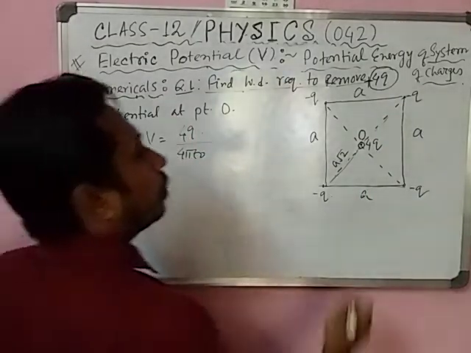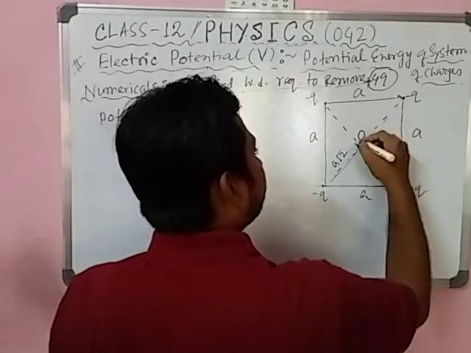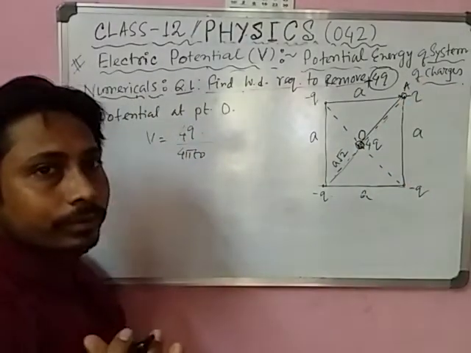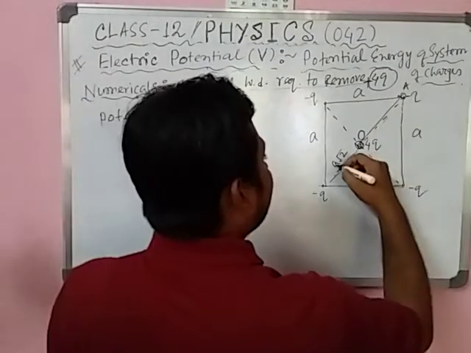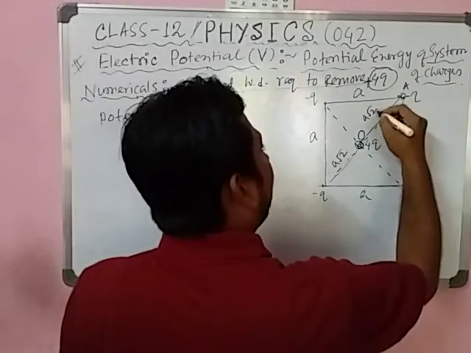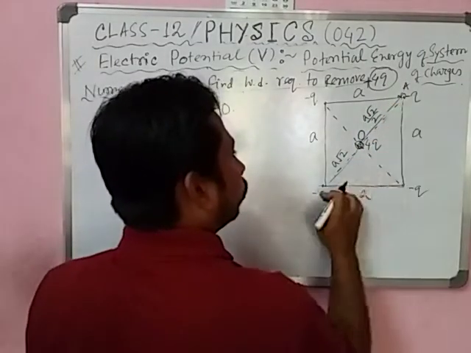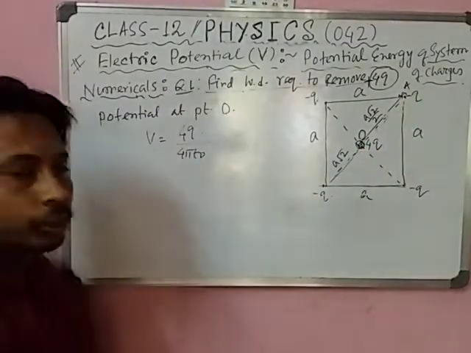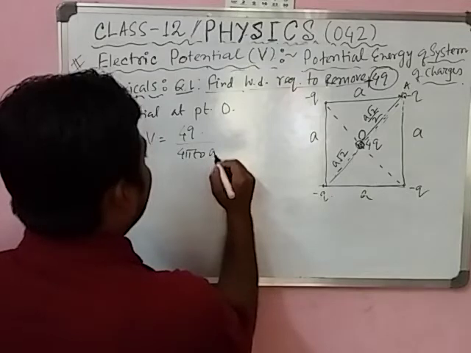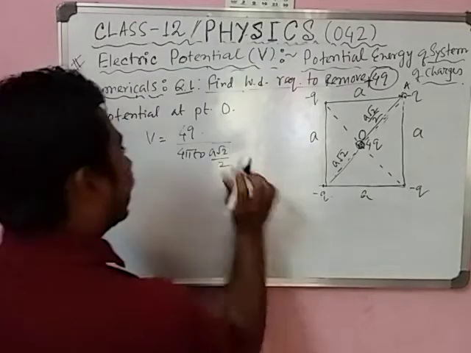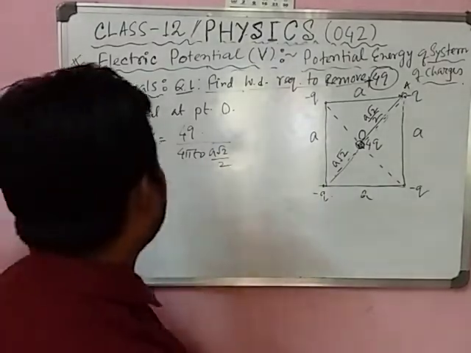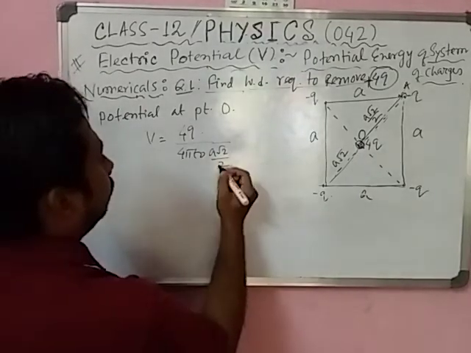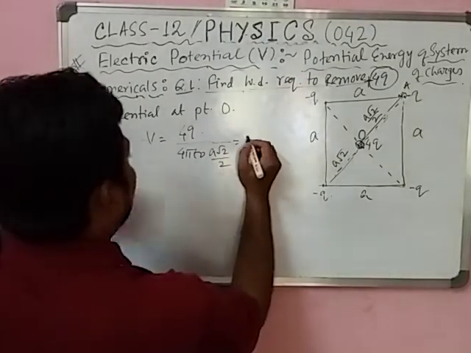So students, what will be the value of this distance from O point to A point? You tell me. O point to A point is half of A root 2, because the total is A root 2 and this portion is A root 2 by 2. So you can write A root 2 by 2. Right student? Okay. Up to this no problem. So you can simplify it by taking 2 here.